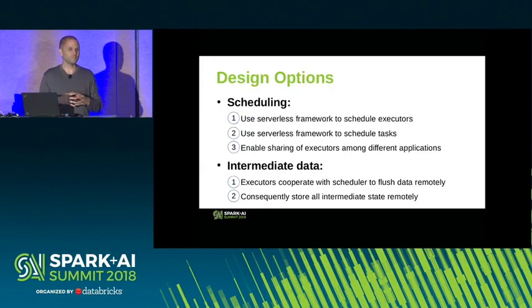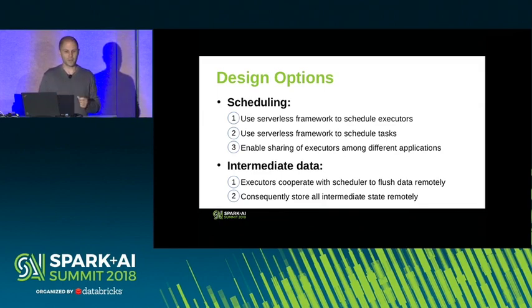We figured out that turning Spark into a serverless framework requires us to fundamentally change two pieces, namely the task scheduler in Spark and the way intermediate data is handled. For both of these pieces, there are multiple design options we looked at.